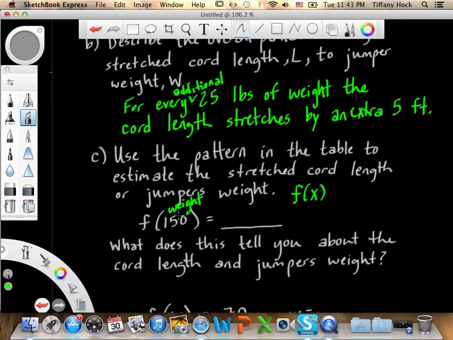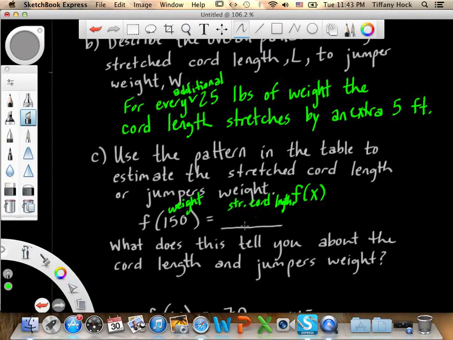If we were to use this in our function, we should get out the other variable, which is our stretched cord length. I'll just abbreviate it really short there.